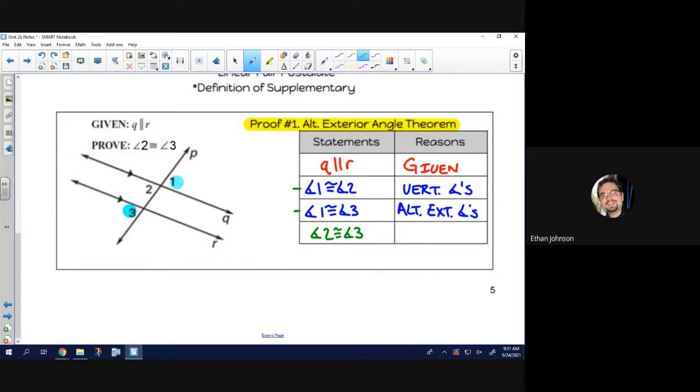And remember, whenever we combine 2 or more statements, that will either be substitution or transitive. We do not care which one you use. I will say it's substitution. And this is a property of congruence because it has a congruent symbol. If it had an equal symbol, it would be a property of equality.